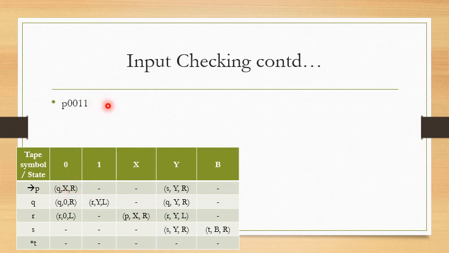So the next ID will have 0 changed to X, with the state moving from P to Q. So Q, X, and then 0 and 1 1. This will be the next ID.